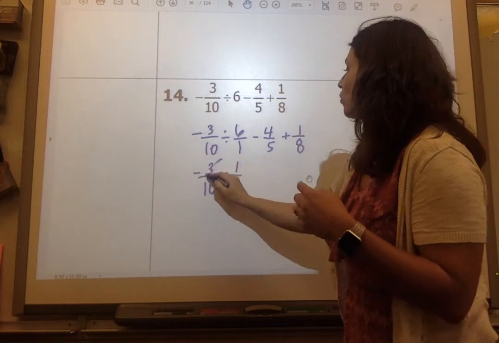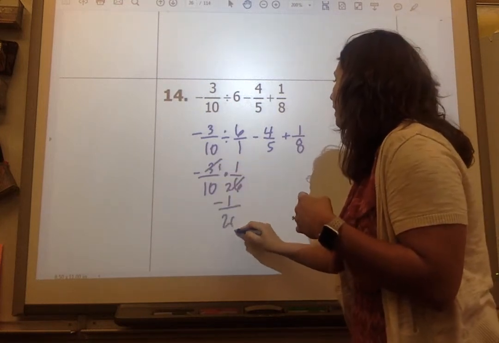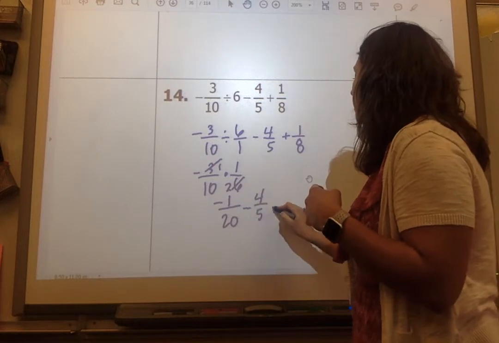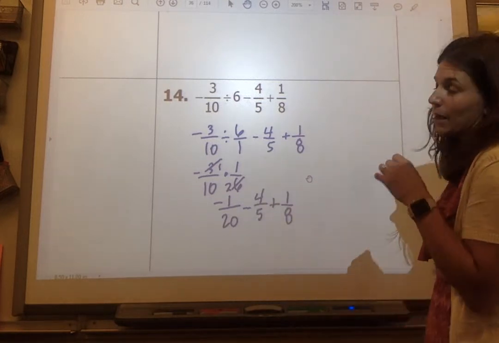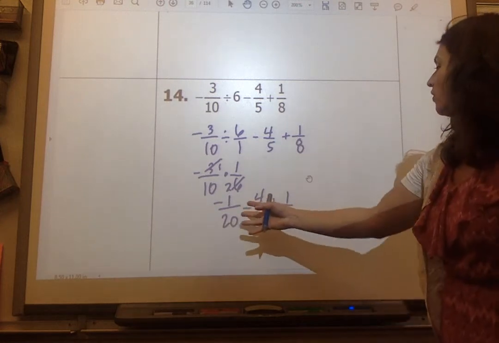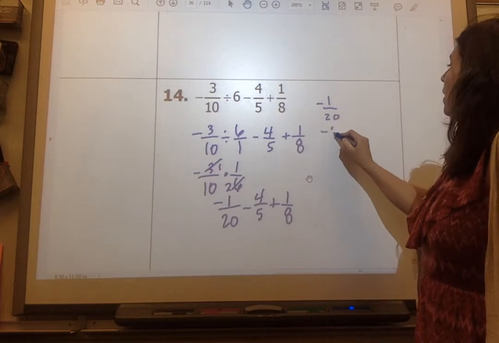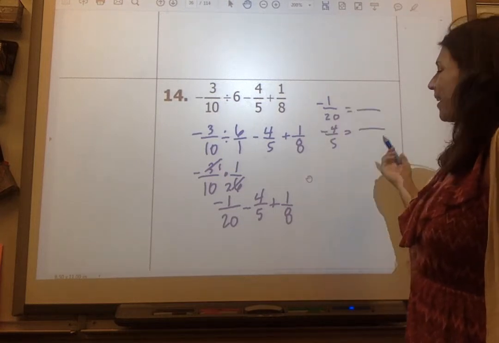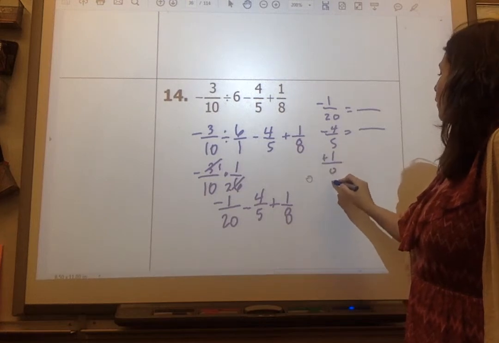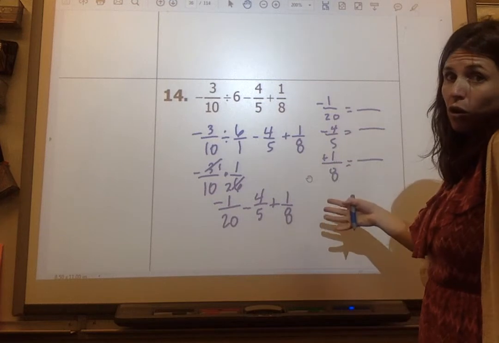So when I do that, I can cross reduce, and I get negative 1 over 20 minus 4/5 plus 1 over 8. Everybody see how I'm getting that one? Okay, so now I can do this any way I want. So I'm going to do negative 1/20 minus 4/5. So remember when we add and subtract fractions, and I can do it at the same time, plus 1 over 8.